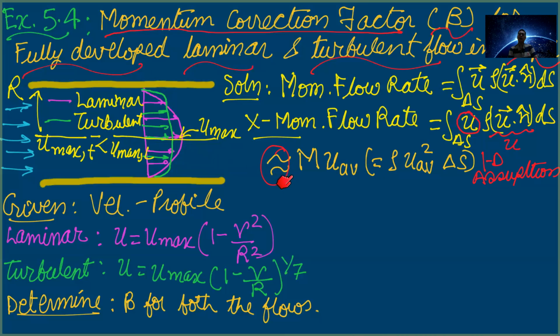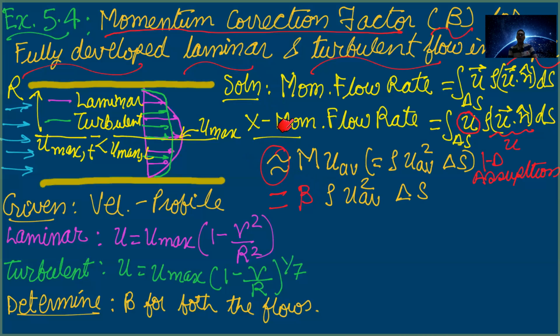However, if you want to understand the price associated with this approximation, we will equate it, but we will introduce one factor which we will call beta, as shown here. This beta is to quantify the approximation which we are making, and it is called the momentum correction.